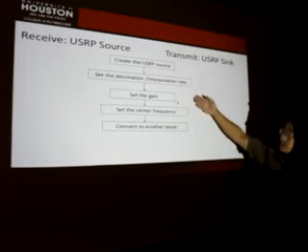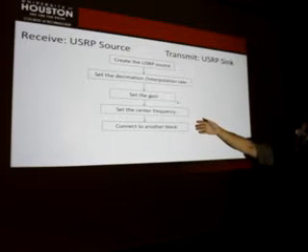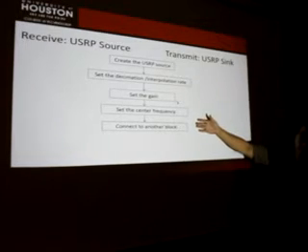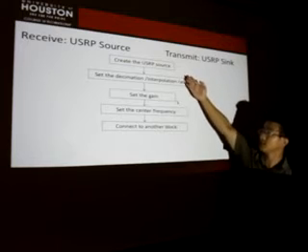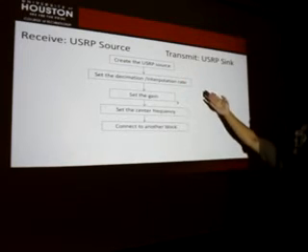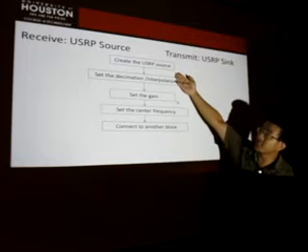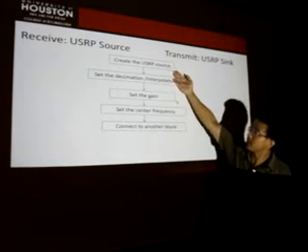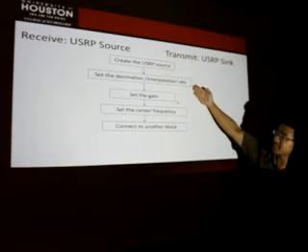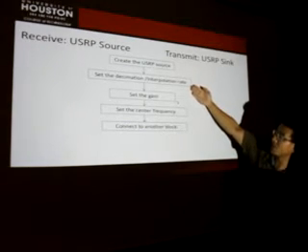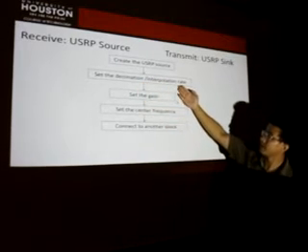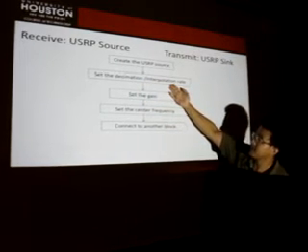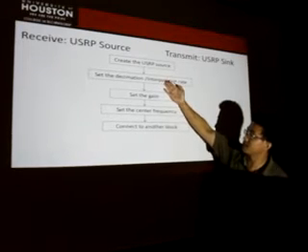So in order to use the USRP2 properly, we should define all the parameters for it. For example, here we want to use the USRP2 as the source. So what should we do? The first thing is that we should define the USRP2 as the source, and then we should set the decimation rate in the case that the USRP2 is a source, or the interpolation rate in the case that the USRP2 is a sink.